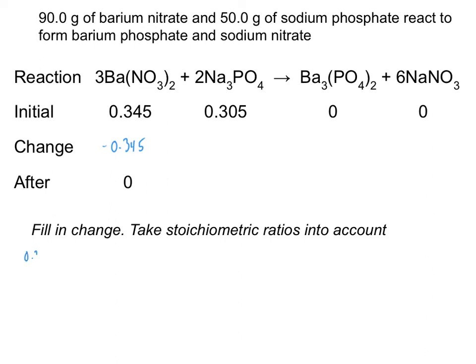And we can fill in our other changes, once again taking our stoichiometric ratios into account. Our limiting reactant is barium nitrate, so all of our changes will reflect the amount of barium nitrate that is lost.